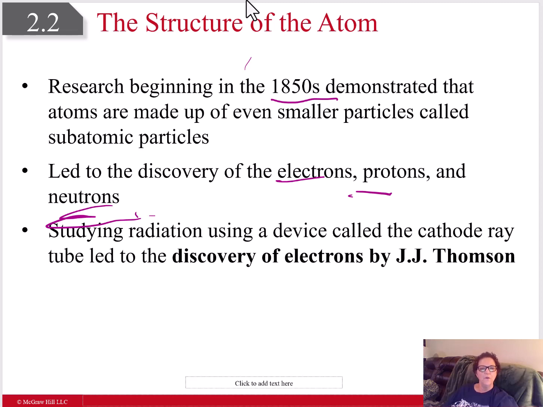There was a gentleman by the name of J.J. Thomson, and he is the person who discovered electrons. So J.J. Thomson, electrons. That's what you need to remember as far as this goes, okay?